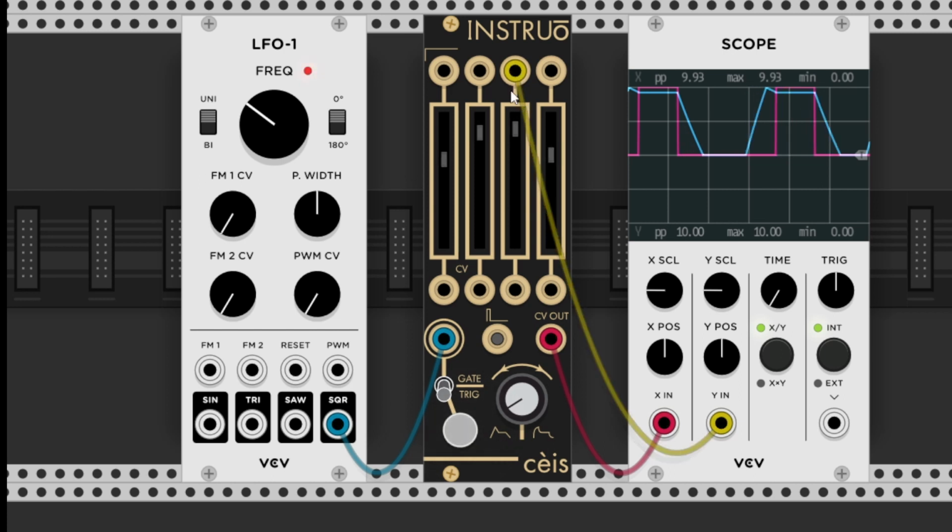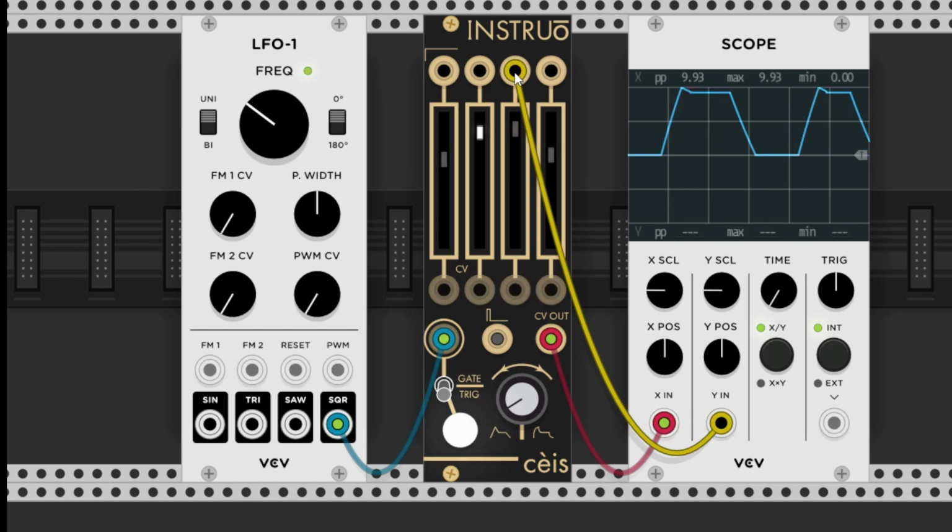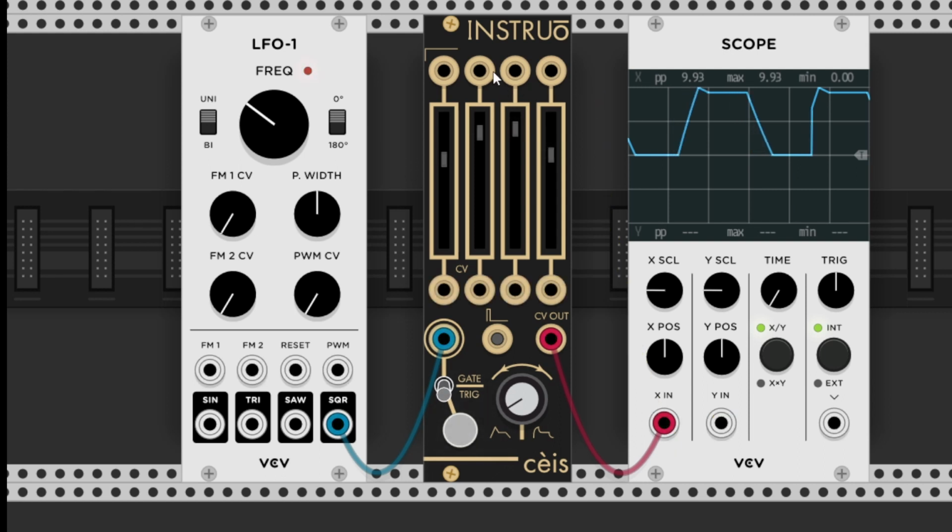And here now, of course, the gate is opened by the output of this jack during the sustain phase. All right, so we can use this. I will do this in a minute or two. We can use this to trigger or open other modules.